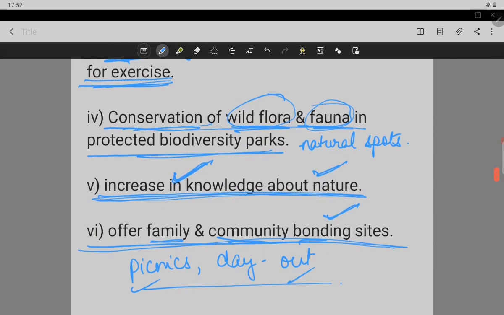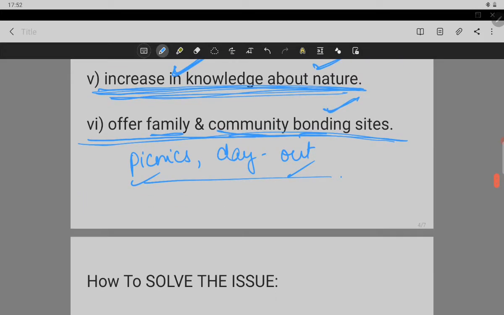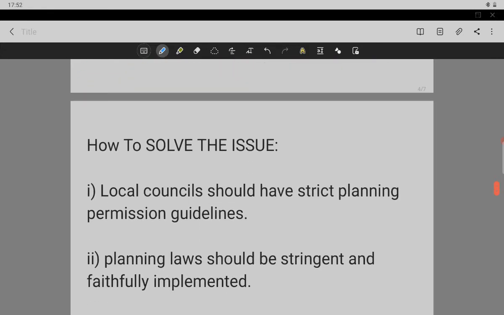They help in conservation of wild flora and fauna in protected biodiversity parks. They increase our knowledge about nature, and they offer family and community bonding sites. So these are all the benefits that natural spots give us.